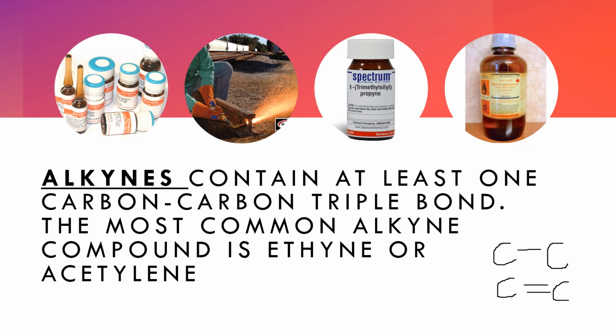And the last one is the triple bond. So that's an example of a triple bond between two carbon atoms. So the bond represented by a line means they share electrons.